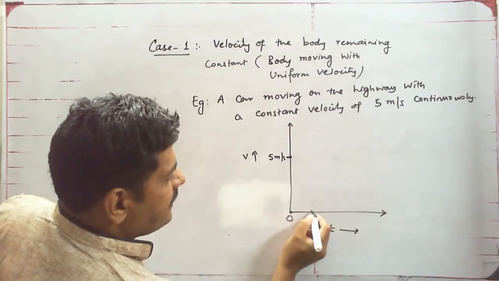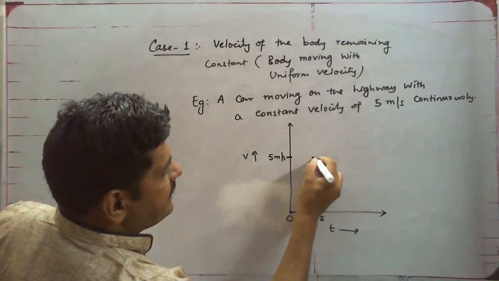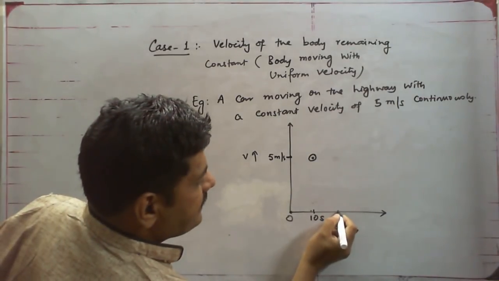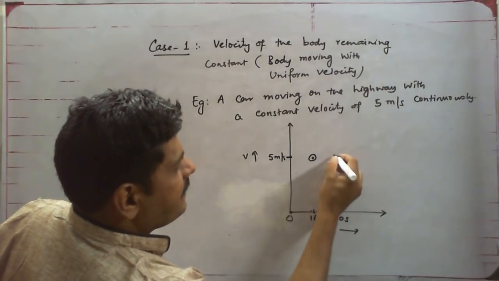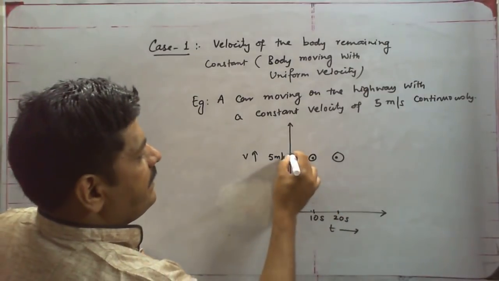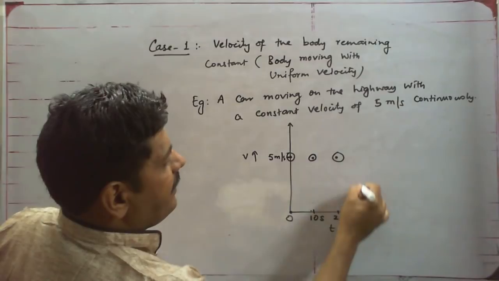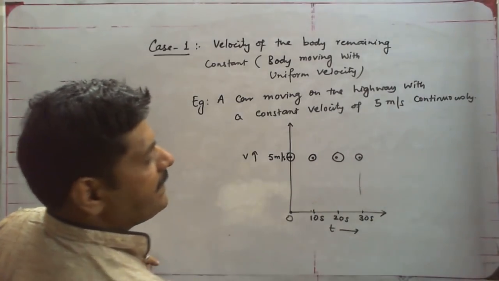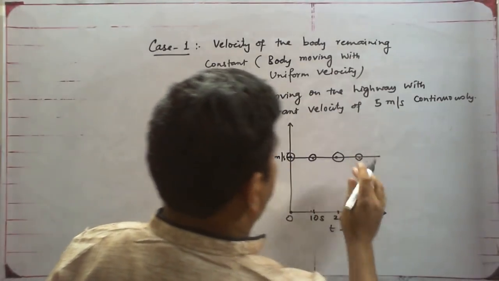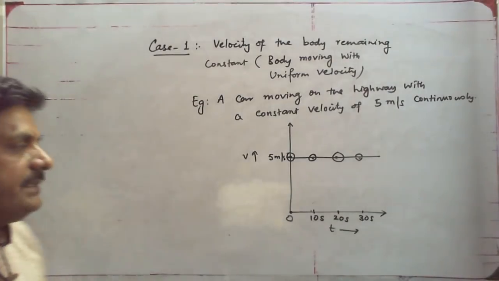Let us say this is 10 seconds, the velocity of the car is 5 meter per second. At 20 seconds, the velocity of the car remaining 5 meter per second. At 30 seconds, the velocity remaining 5 meter per second. So how will the graph be? If you join these points, you will get a straight line parallel to the time axis.